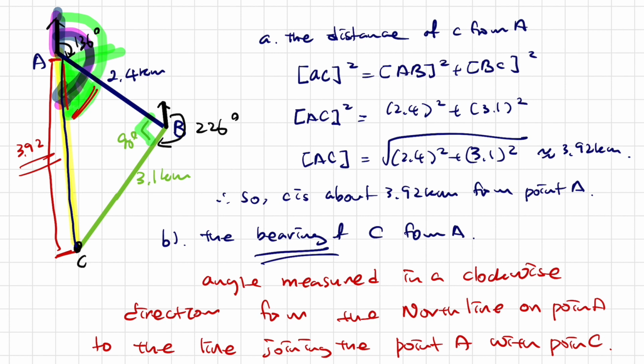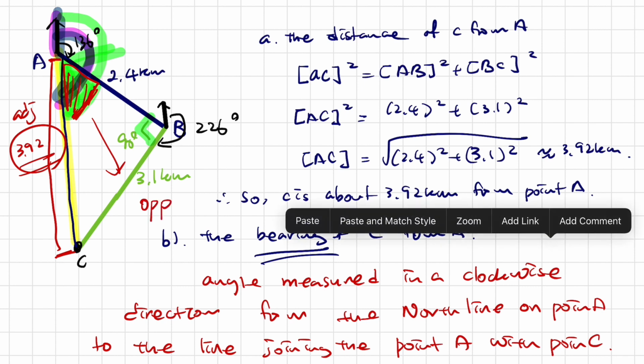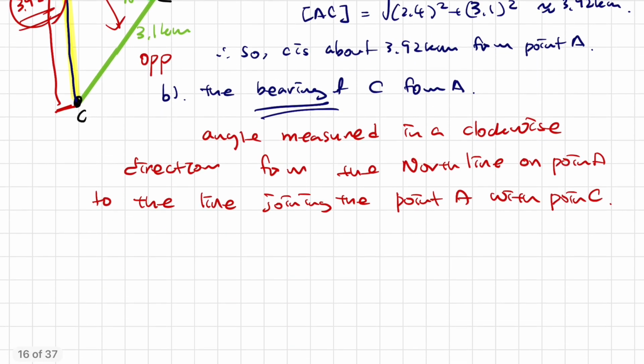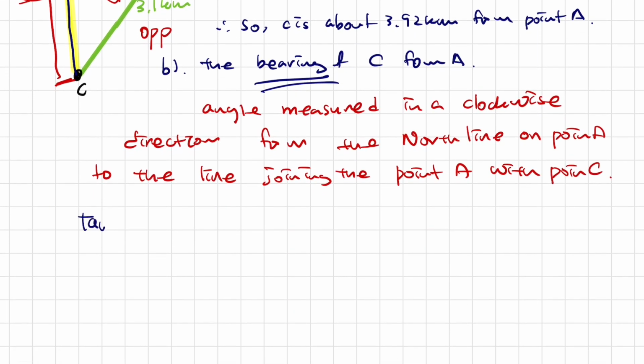If this is our reference angle, then 3.92 is our adjacent value and 3.1 is our opposite value. Using the trigonometric ratio tangent theta equals opposite over adjacent, we can calculate this missing angle.